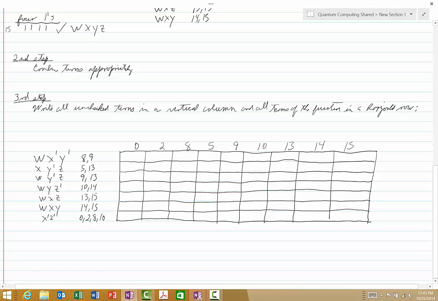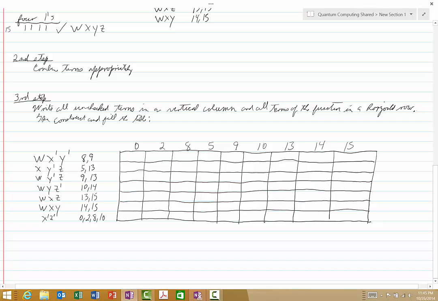So let me add maybe one more bit to these expressions. So I'll say, then make a table. Then construct and fill the table.